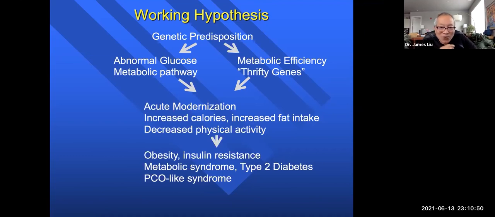We have fast foods, which result in increased fat calories, carbohydrate calories. We tend to have more obesity. I was in Egypt 3 years ago, and obesity was beginning to be a problem that I noticed just walking around. Insulin resistance goes along with the increase in adipose tissue, a condition that becomes more severe and becomes metabolic syndrome, and type 2 diabetes and other PCO-like syndromes.